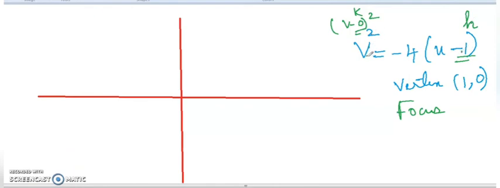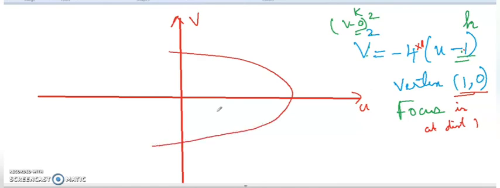V square is v minus 0 the whole square. K is 0. So h comma k is 1 comma 0. Focus is 4 into 1, right? So focus is at a distance 1. That means, suppose this is u axis and this is v axis, it will be like this.